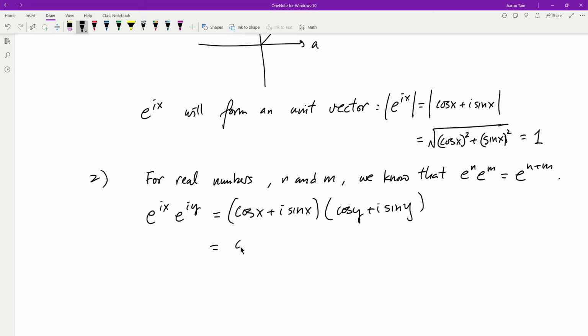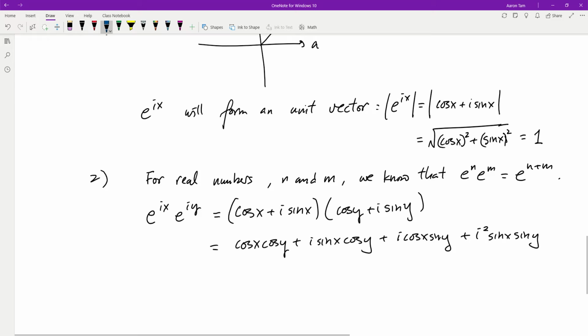So therefore we will have cosine x cosine y plus i sine x cosine y plus i cosine x sine y, and then plus i squared sine x sine y. So notice that i squared actually makes it into a real number.